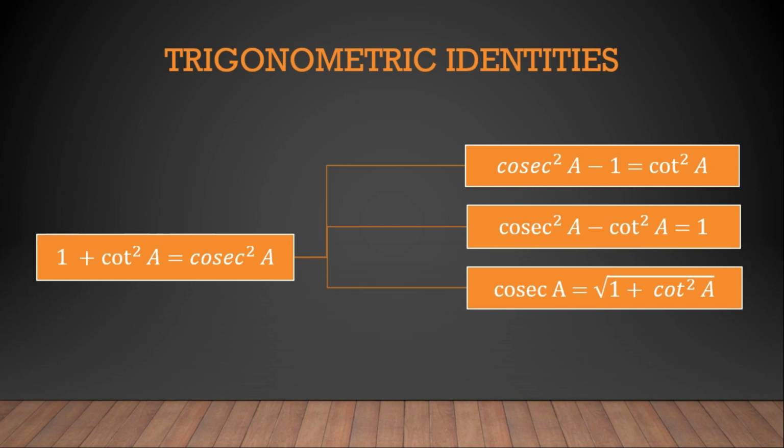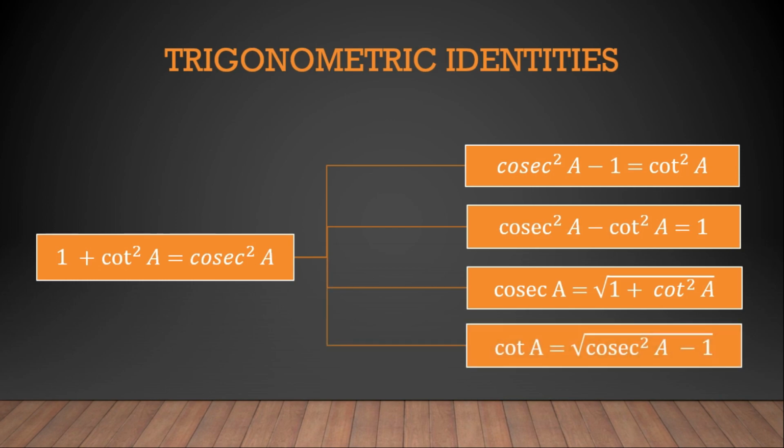Third, cosec A is equal to root over 1 plus cot² A. And fourth, cot A is equal to root over cosec² A minus 1. We also know that cot A is equal to cos A by sin A and cosec A is equal to 1 by sin A. Now try to write this equation in terms of sin A and cos A yourself.